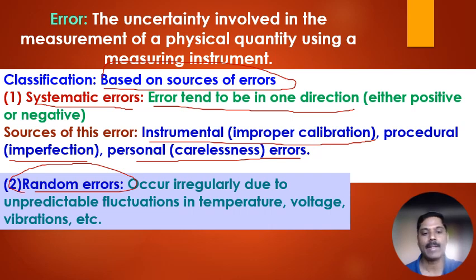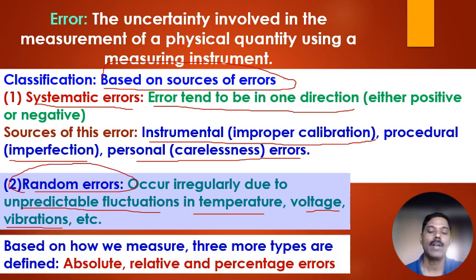Whereas the random errors are not under the control of the person or the operator. They occur irregularly due to unpredictable fluctuations. For example, temperature fluctuations, voltage fluctuations, or vibrations of instruments, etc. For instance, if you are measuring the electric current passing through a material, that measurement may be depending on the voltage value.